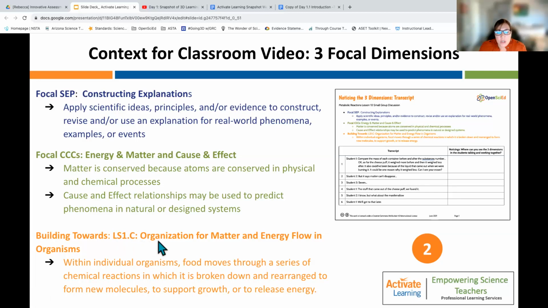And they are building towards the DCI, disciplinary core idea, LS1.C, which is about the organization for matter and energy flow in organisms. Take a minute to read over this target so that when you see them in the video, you'll know what to write evidence of. You may see more than this in the video. If you see other SEPs, that's okay too.